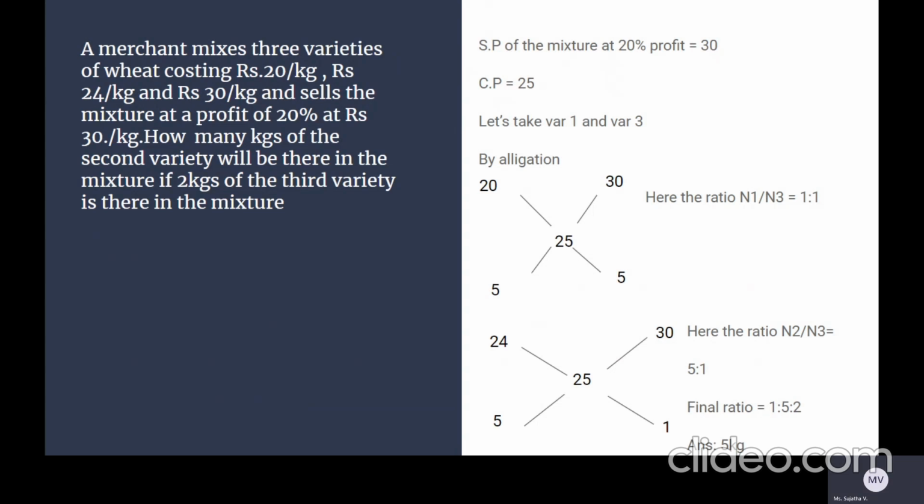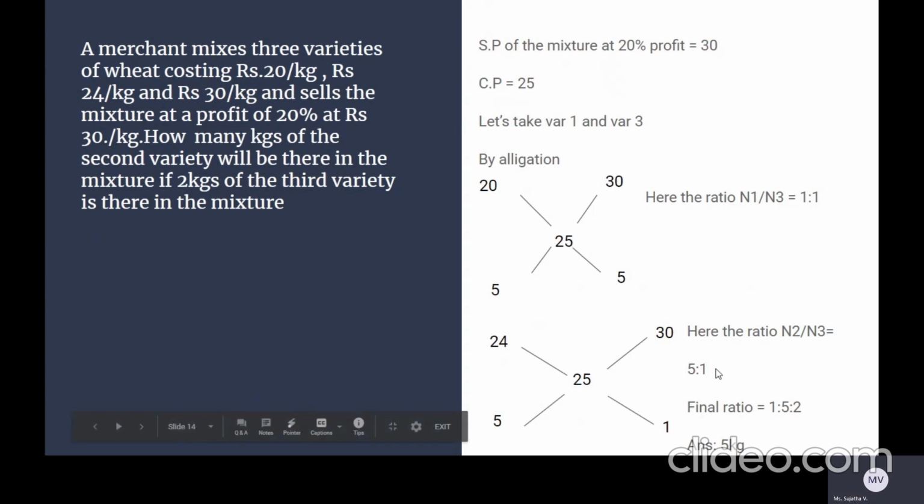Now, which will I take next? 24 and 30, because 25 lies between 24 and 30. When I do the alligation on that, I get the ratio as 5:1. This is the ratio of the quantities of the second and third variety. N2 by N3 is equal to 5:1.